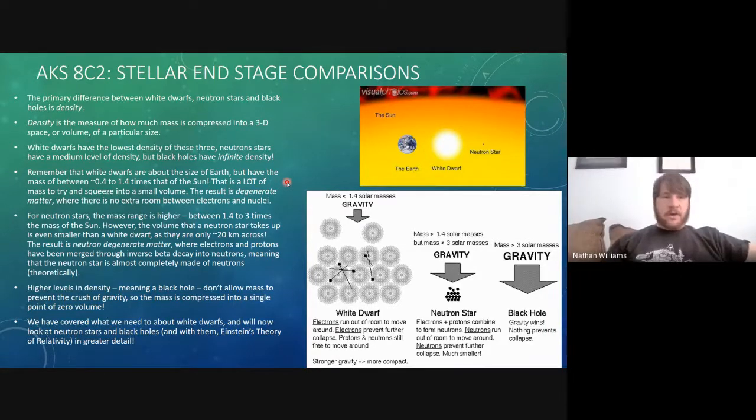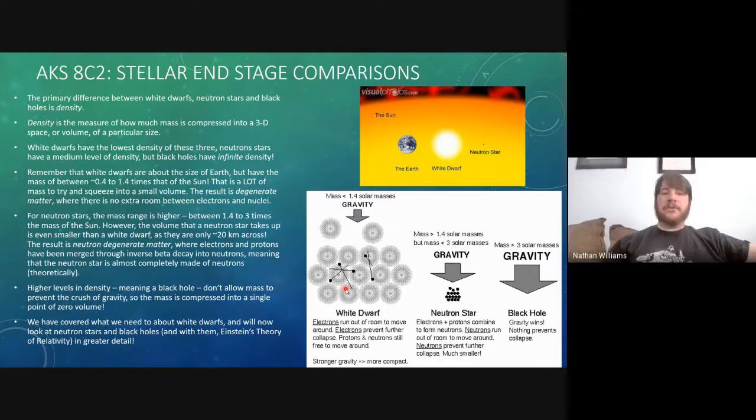For a neutron star, we're getting a higher mass range, like we said, about 1.4 to 3 solar masses. So this crosses the Chandrasekhar limit, and that comes with some consequences. Some things change. When we were talking about that white dwarf, the electrons are crammed against the nuclei, and they have some resistance to each other.